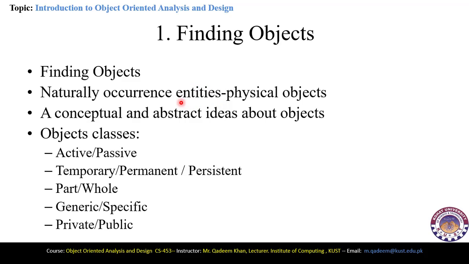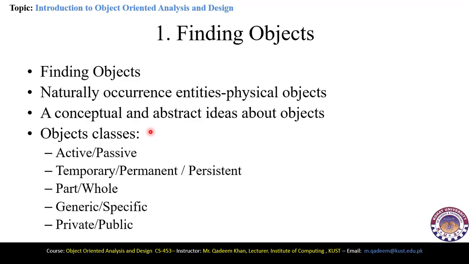For example, if we are developing a system which will identify the current location of a person, then here the person is one of the objects and location is the attribute of the object. Similarly, Google Map will be another object here.